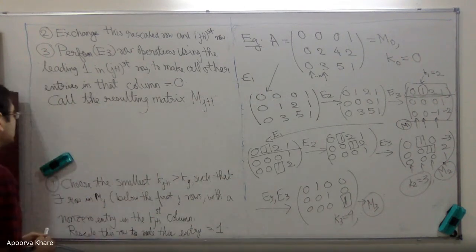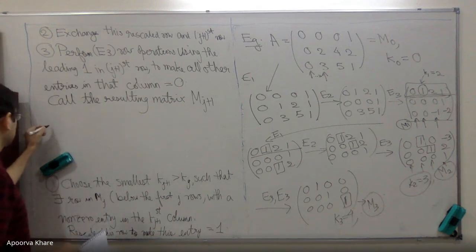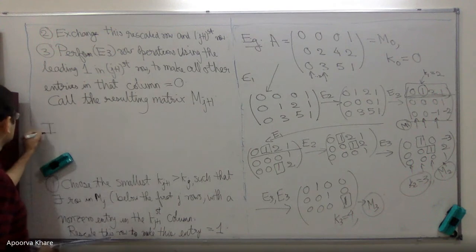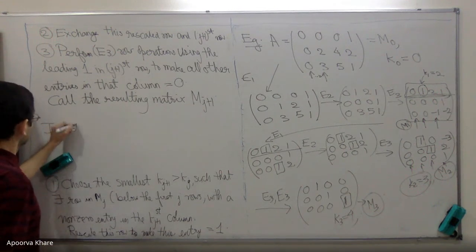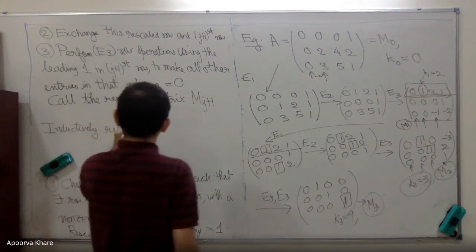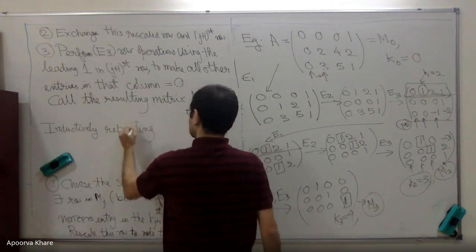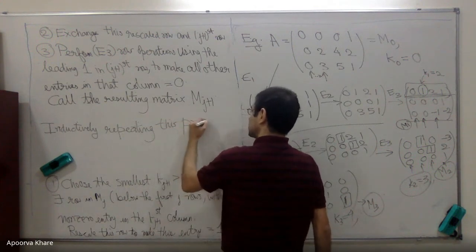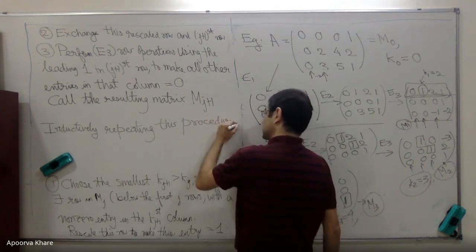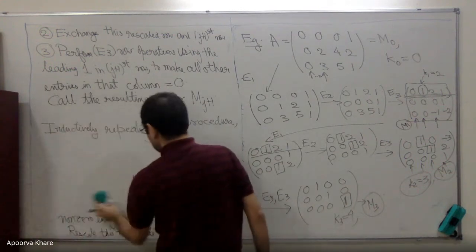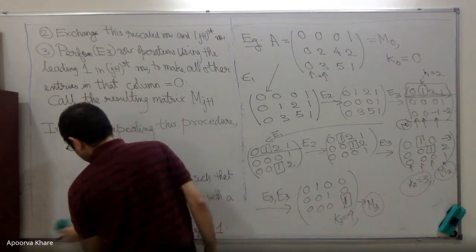So we are literally doing the steps to get to the row reduced echelon form. And so I won't even say anything here. Inductively repeating this procedure, we eventually obtain, when we can go no further, a matrix in row reduced echelon form.